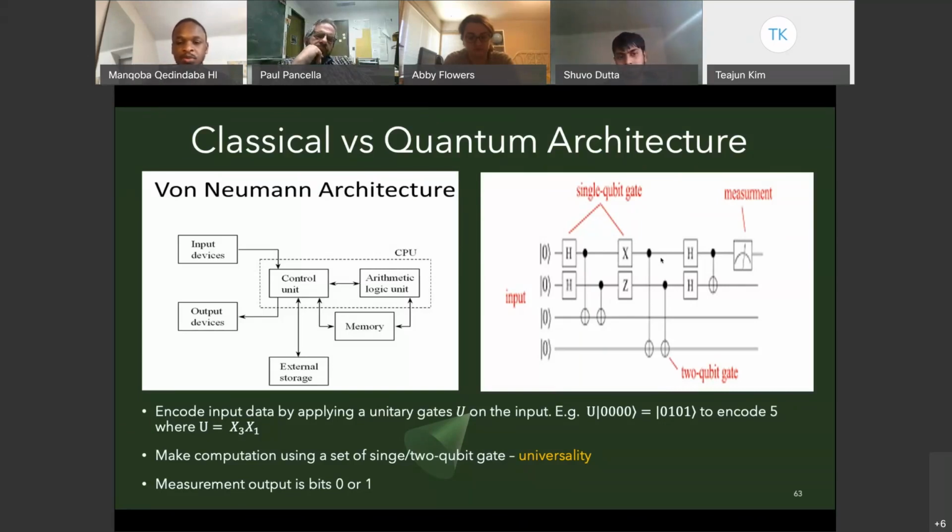Those instructions could be microwave pulses that change a state which is 0 and make it a 1, like an excitation, and vice versa, or a rotation and things like that.